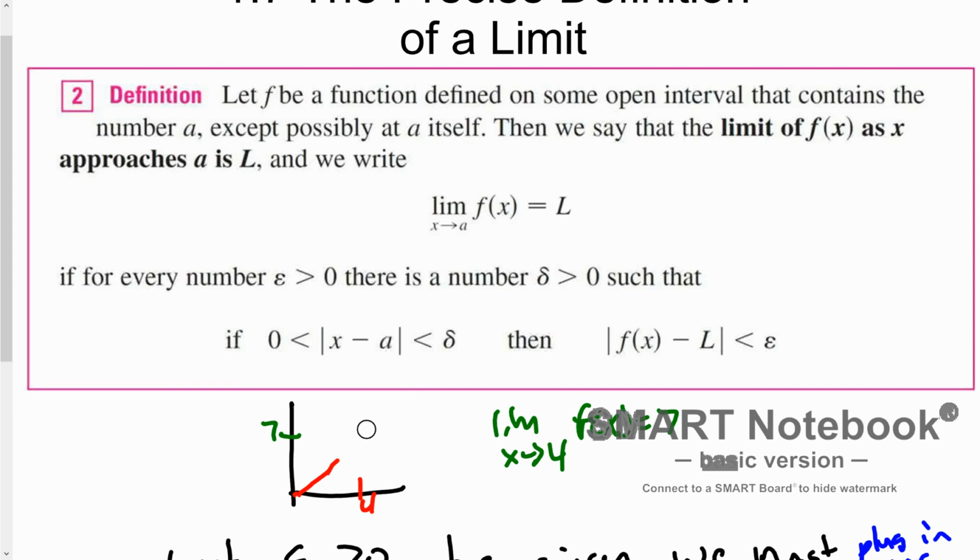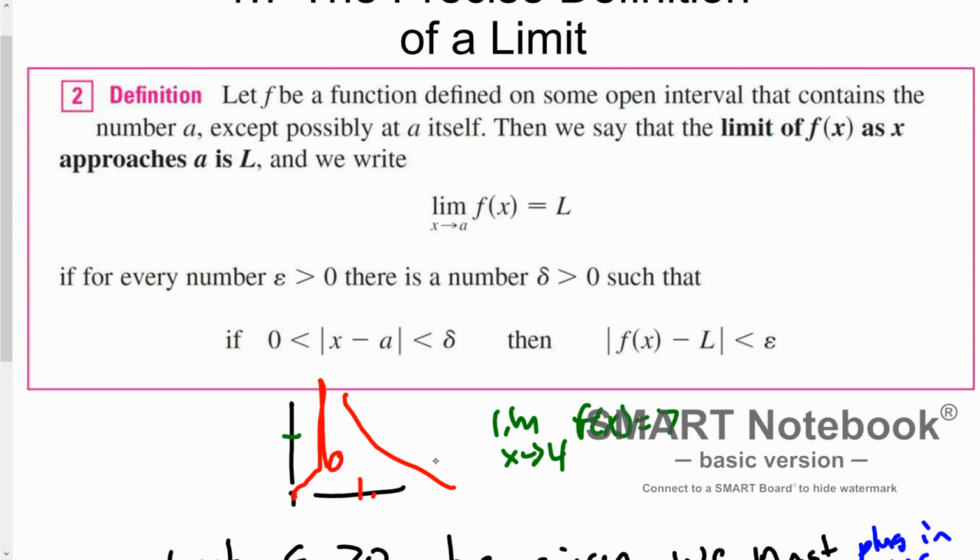So if I zoomed in, say by 10, if I zoom in between here, let's just pretend we're zooming in right here. Maybe the graph goes something like this. So it's approaching, but then it goes like that and comes straight back. And then here's the little thing right here.